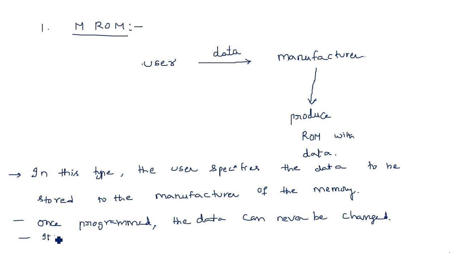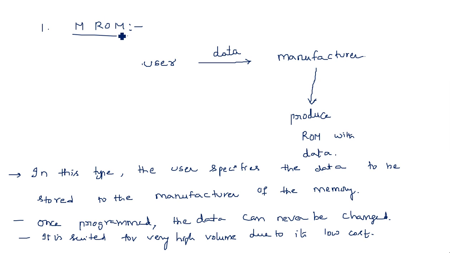High volume means the maximum amount of data we can store due to its low cost. Though it has the problem that it cannot be reprogrammed, because once the programming is done by the manufacturer, the user cannot change its data. Still it can be preferred because of its low cost.